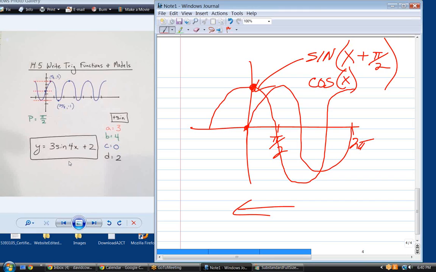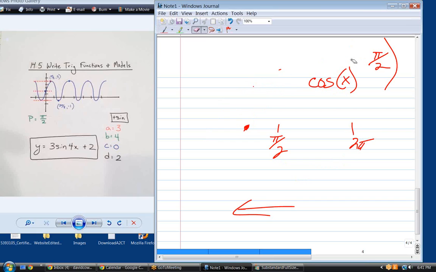Right. But the important thing is to use the trig function that results in the least amount of phase shift. In other words, it would be crazy to take this curve and phase shift it by this pi over 8 amount to the left to make it look like a cosine curve. But I could do it.